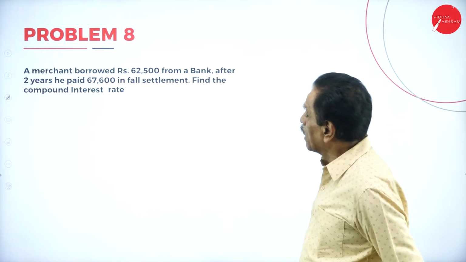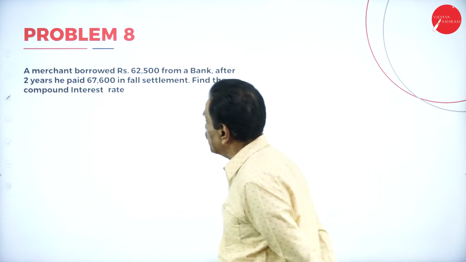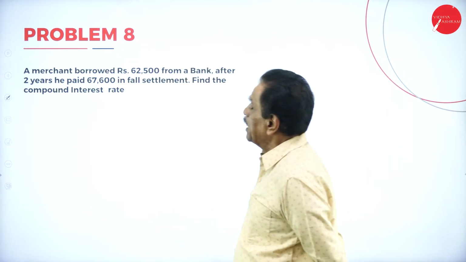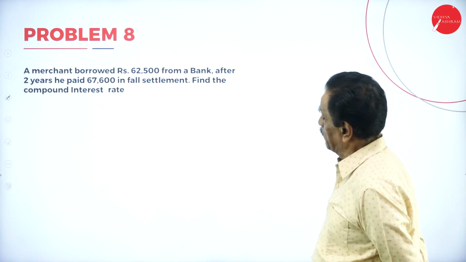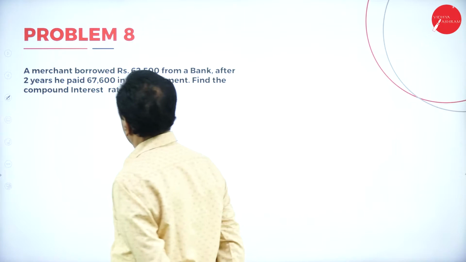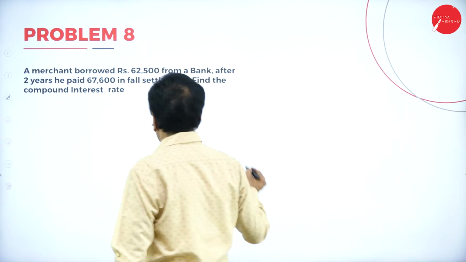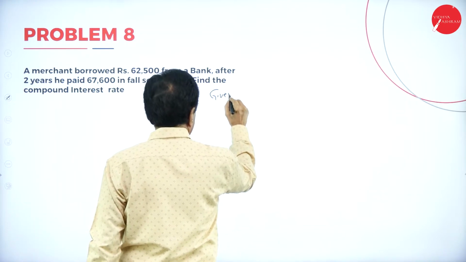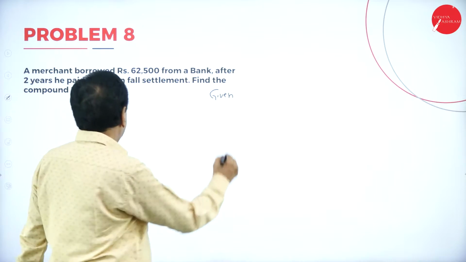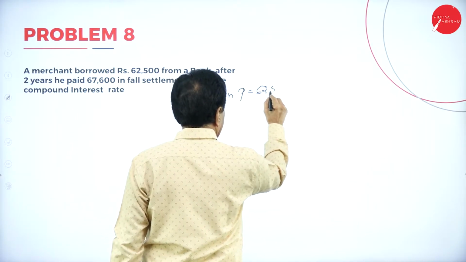A merchant borrowed 62,500 from a bank. After 2 years, he paid 67,600 in final settlement. Find the compound interest rate. So, what is the principal money given? P is equal to 62,500.